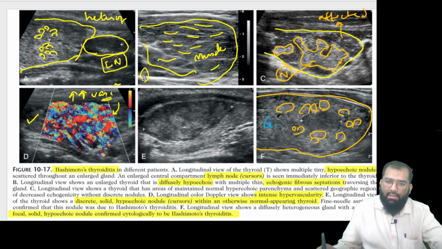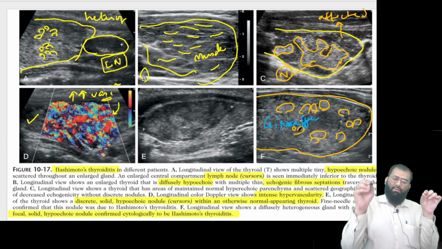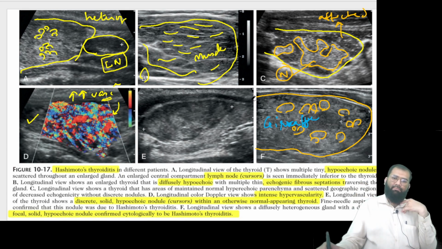This type of pattern is called the giraffe pattern. Giraffe pattern. So you have seen a giraffe, where if you see the giraffe on its back, it has got lots of normal appearing spots.